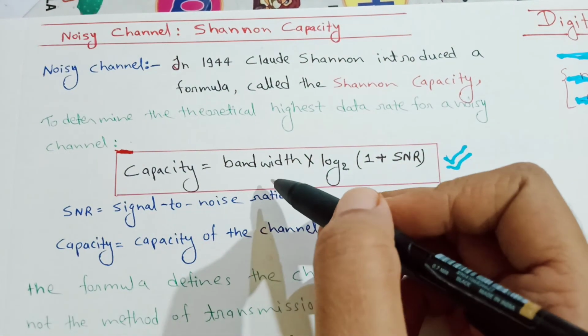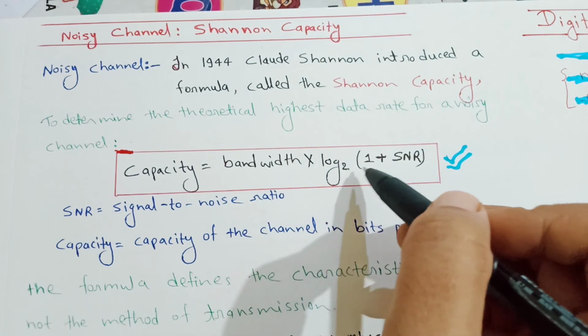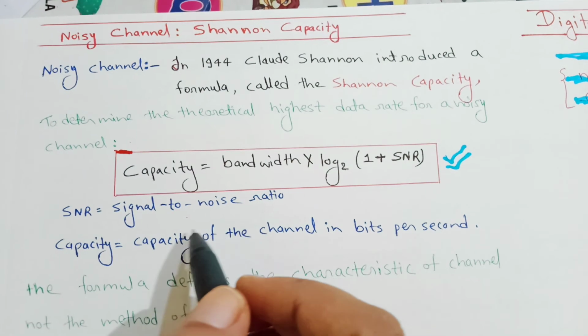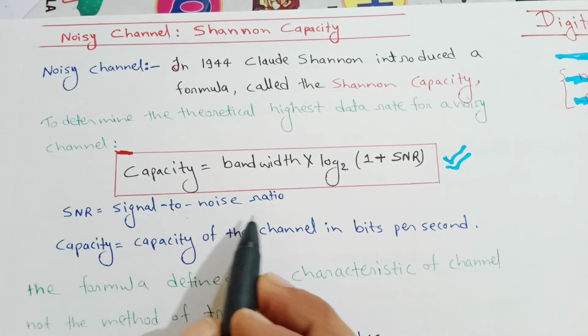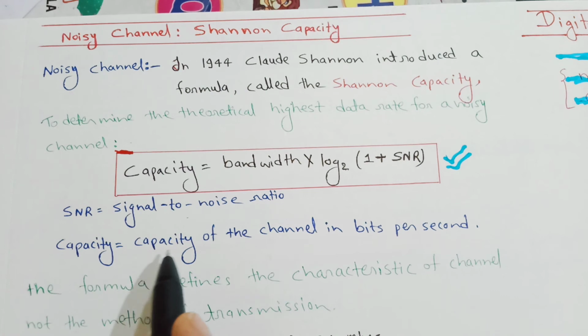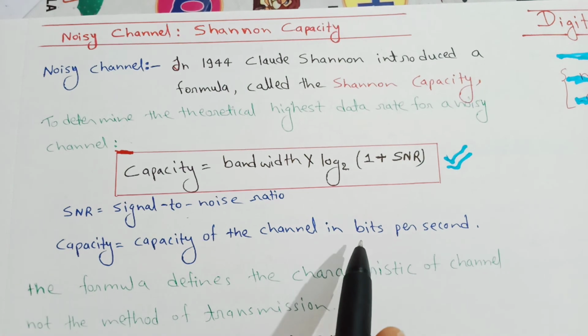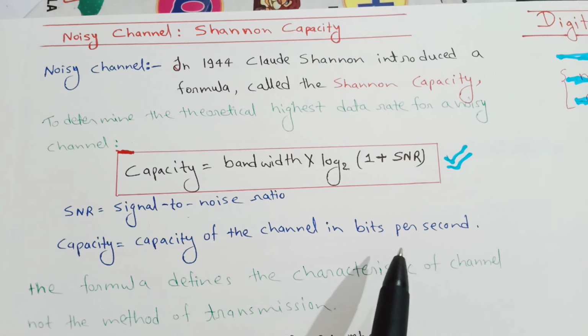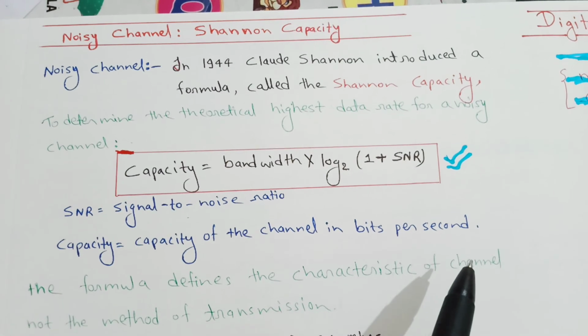Capacity is equal to bandwidth into log base 2 of 1 plus SNR, signal to noise ratio. Capacity of the channel is in bits per second, bps.